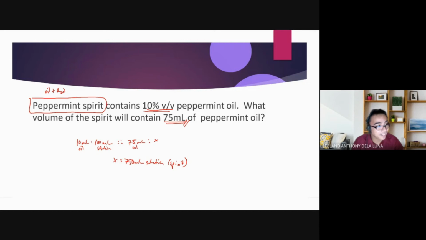Okay? So, are we clear, class? Okay, so kumbaga maghahalo ako ng 75 ml oil plus 675 ml ng tubig to make the total solution, 750 ml solution. At pag pinaghalo ko yung dalawang yun, lalabas, it's going to be 10% volume per volume of peppermint oil. Right? Okay.